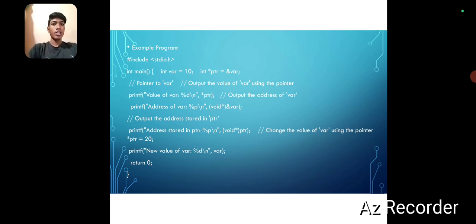Output the address of variable: printf("Address of variable: %p\n", (void*)&variable). Output the address stored in ptr: printf("Address stored in ptr: %p\n", (void*)ptr). Change the value of variable using the pointer: *ptr = 20; printf("New value of variable: %d\n", variable); return 0.